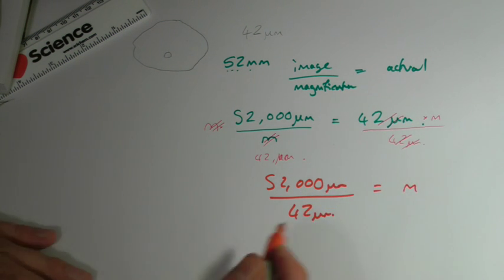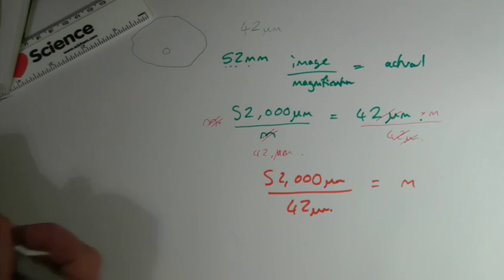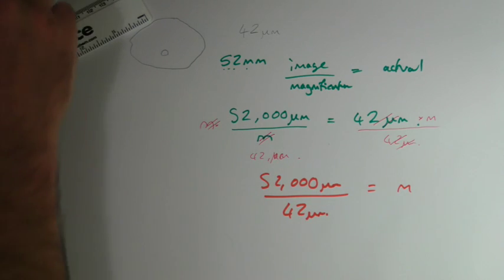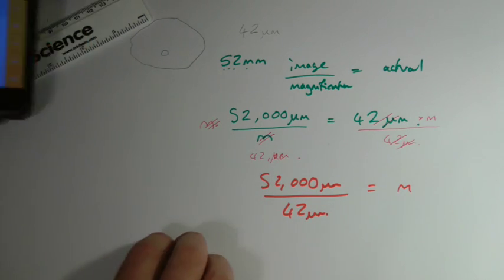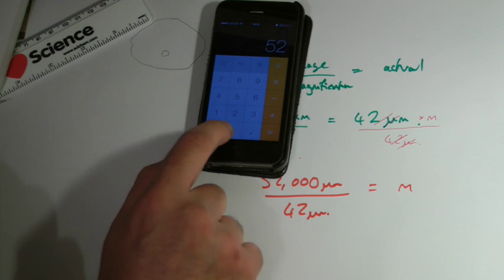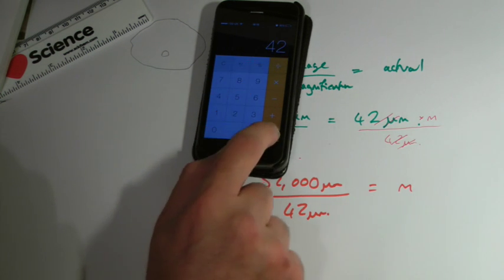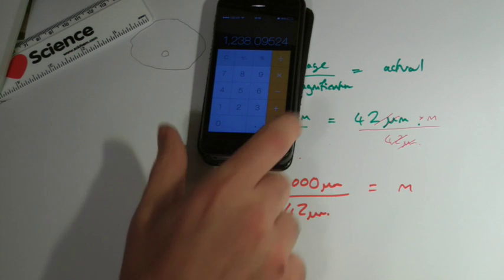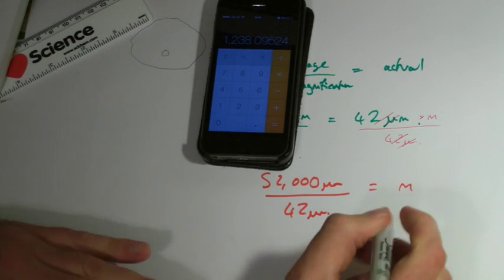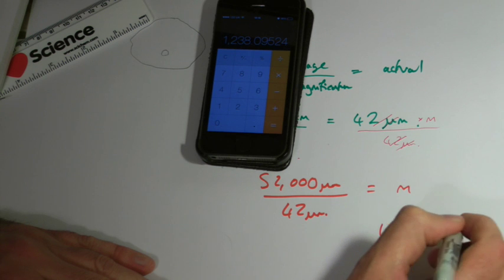Or if you like, the image divided by the actual size equals the magnification. So if I plug these numbers in, 52,000 divided by 42, I get a rather strange number: 1238.09. Let's just keep it at that.